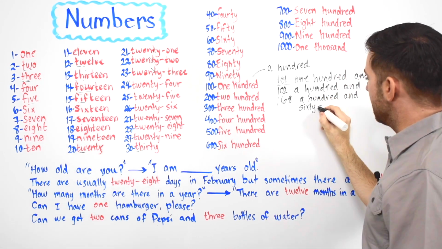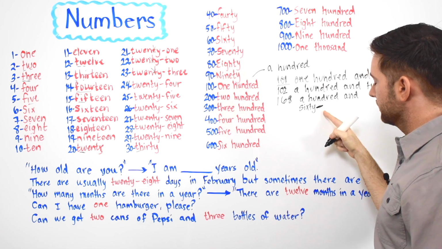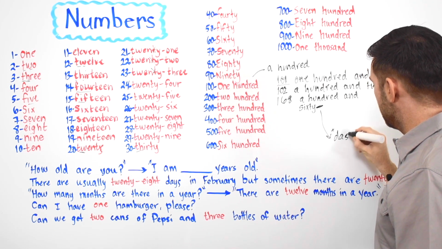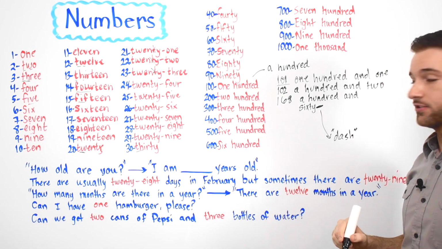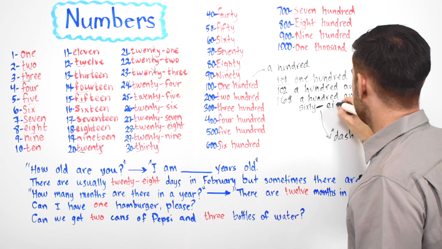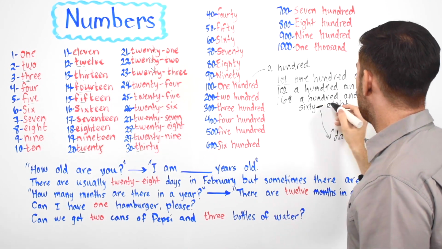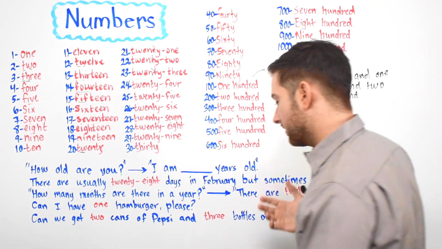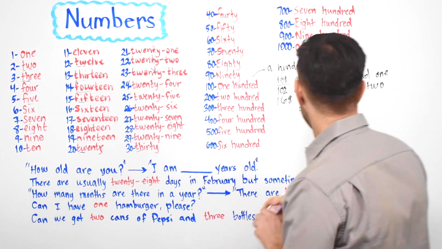Okay, and then you put a dash right here, dash. Okay, we call it dash, D-A-S-H, dash. And then we put the number, 8, E-I-G-H-T. 168. Okay?